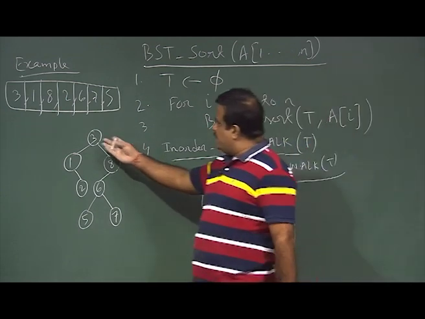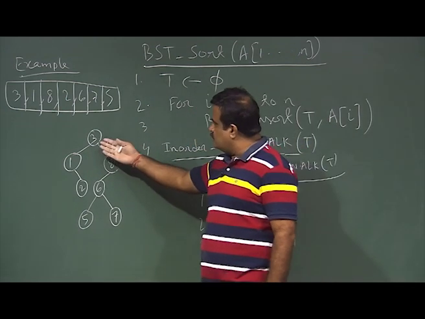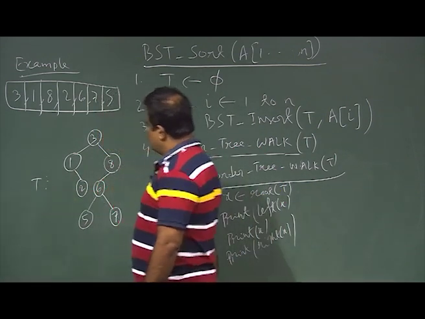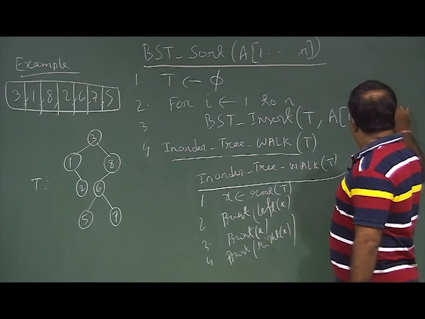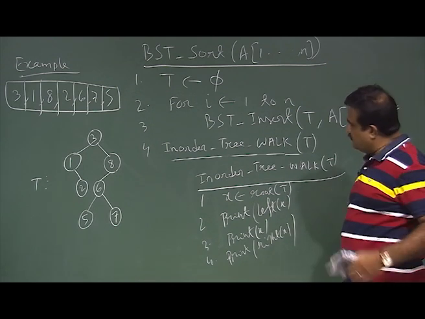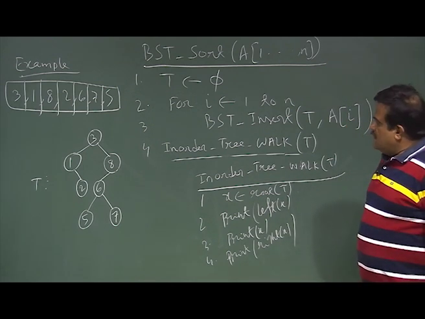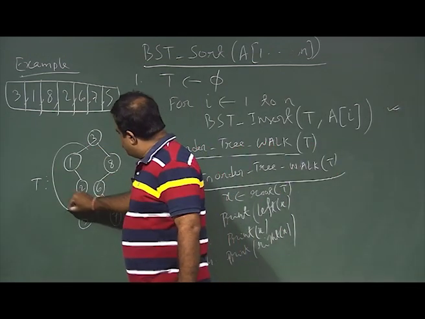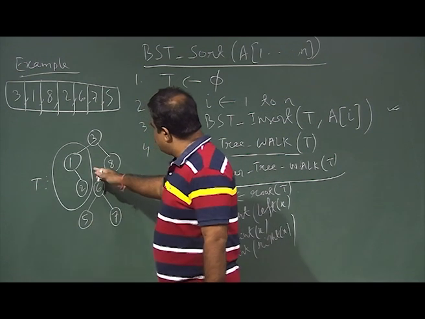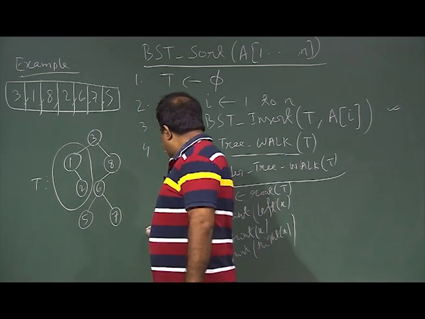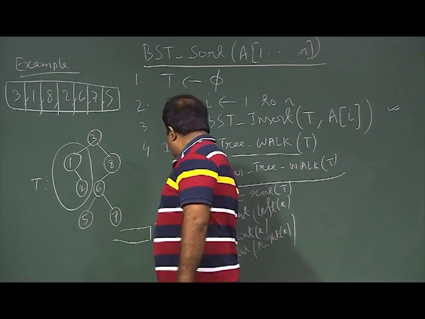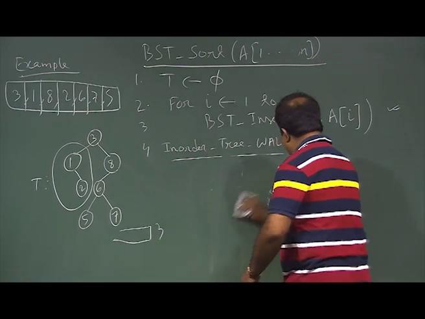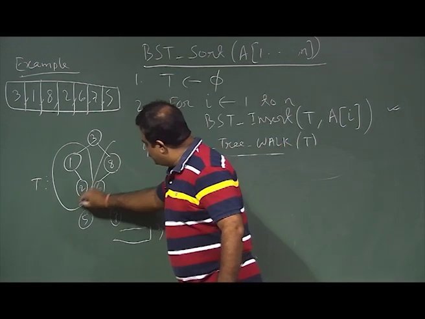So for example here, this is our tree after the BST insert. We start with the root. We first call the in order tree walk of the left part, and then we print 3, and then we print the right part of the tree.